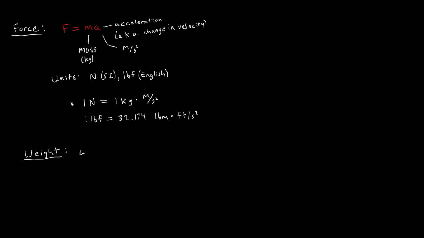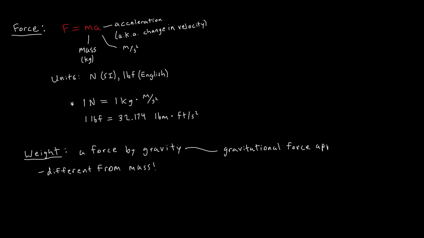And next we have weight, which is more specifically a force due to gravity. It's good to note that this is different from mass, since there tend to be common misconceptions between the two. What this force by gravity means is basically the gravitational force that is applied to a body. So how is weight defined? Well, it is defined by the expression W equals m times g, which is mass times acceleration due to gravity.